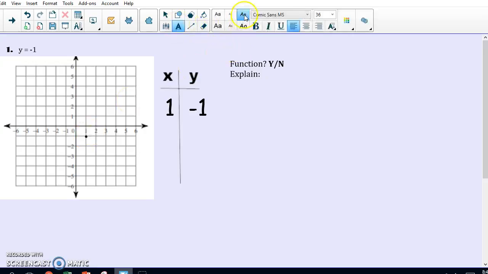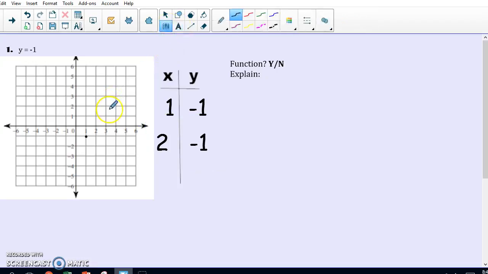If I add another point, let's say my x value is 2. What would my y value be? Well, because in my equation it says y equals -1, that y value is also going to be -1. So when I plot that point, it's going to be at (2, -1). Let's just put one more point down.